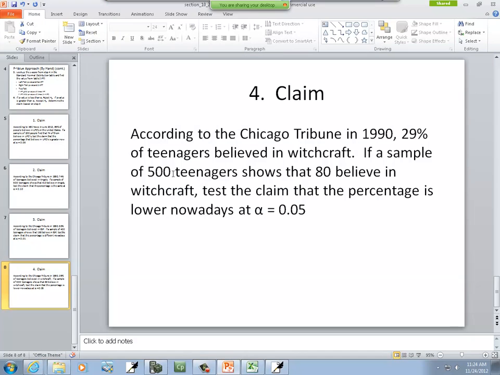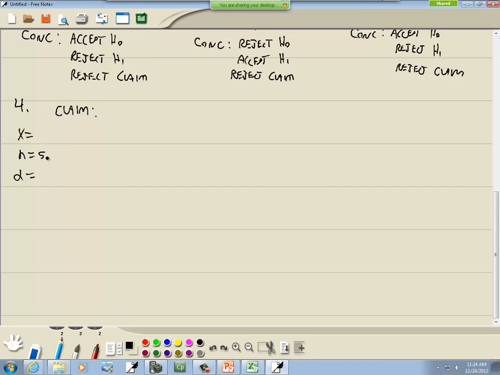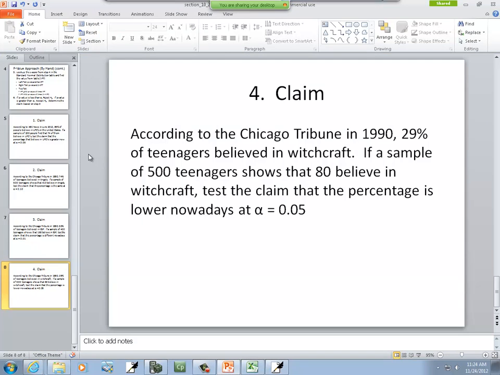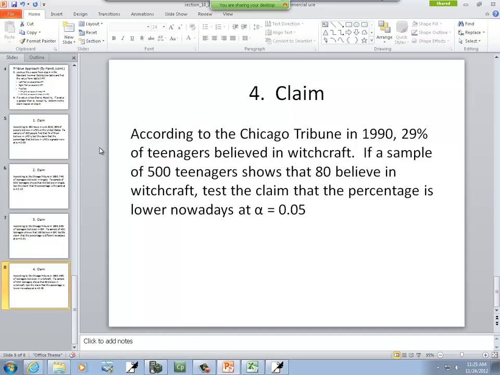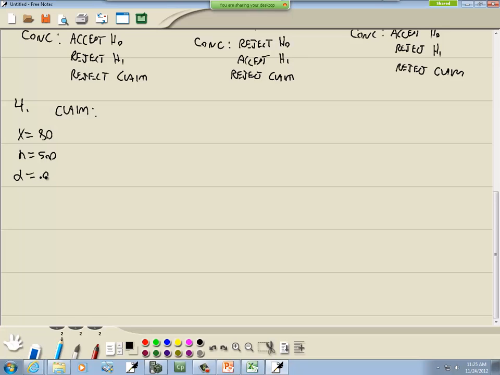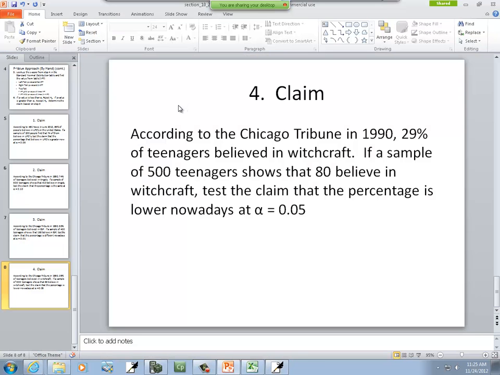If a sample of 500 shows that 80 believe in witchcraft, test the claim that the percentage is lower nowadays, at alpha equal to 5%. So lower than 29%.